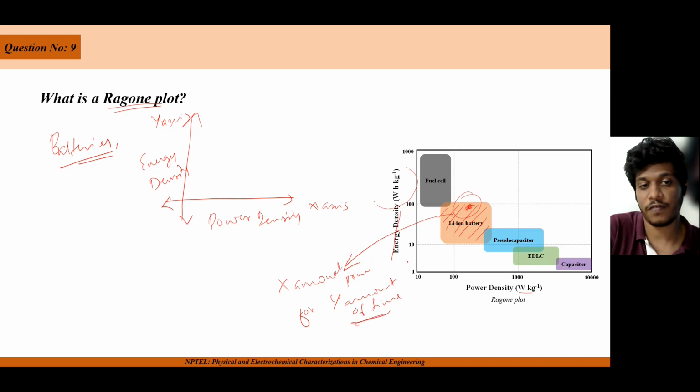So this is the basic inference that one can get from a Ragone plot, and it is a very powerful plot that is used for batteries, supercapacitors, or any other energy storage devices to compare performance against other technologies. Maybe you develop a battery with, say, X as the anode material.